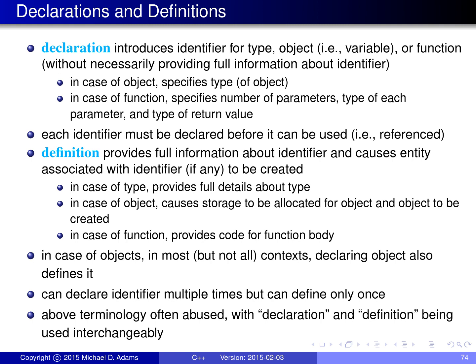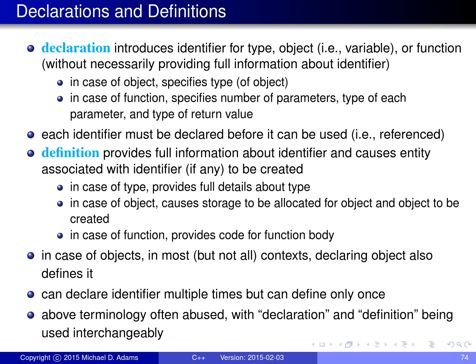Another term I need to introduce is the notion of a definition. A definition is similar to a declaration. It sort of includes a declaration as a subset in some sense, but it provides full information about the identifier that you're trying to introduce. And I'll come back to a little bit more specific details about declarations and definitions as we go through some of the subsequent slides.